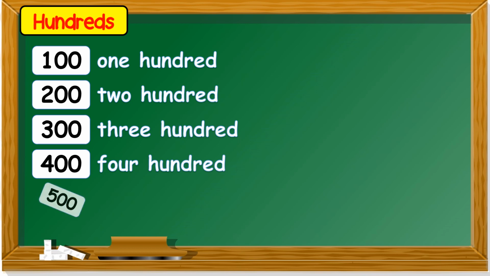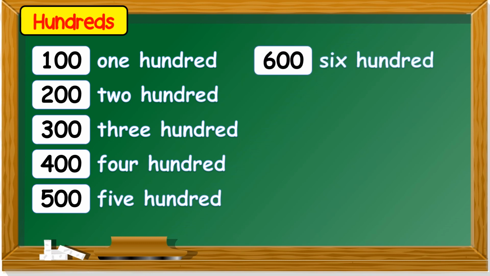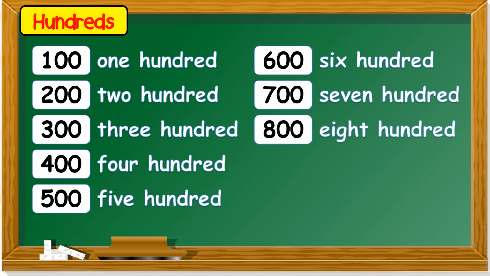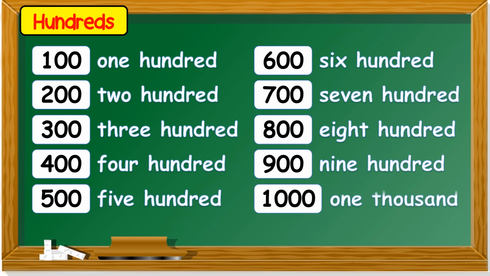Next one, 500. This one, 600. This one, 700. 800. 900. Last one, 1000. So this is the new place value that you are going to learn. Hundreds.